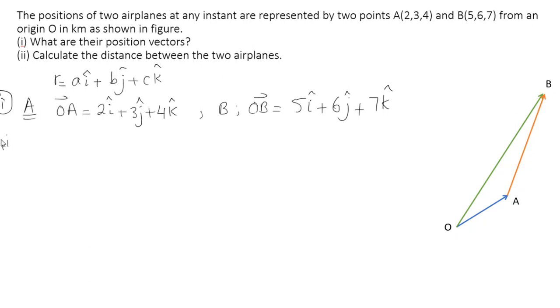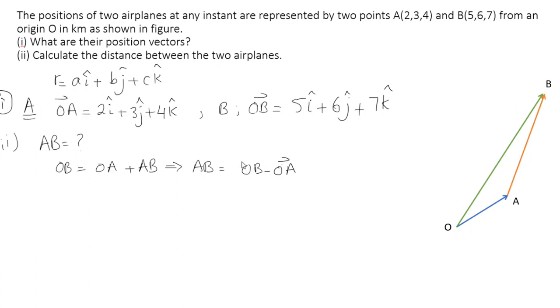For the second part, we need to find AB, the magnitude, the distance between both airplanes. If we use the head to tail rule, we can write the resultant vector OB equals OA plus AB, and because AB is unknown, AB will become OB minus OA.